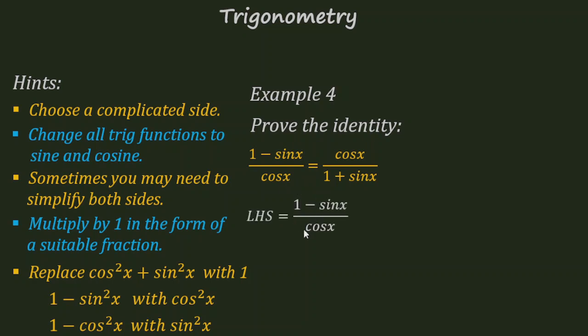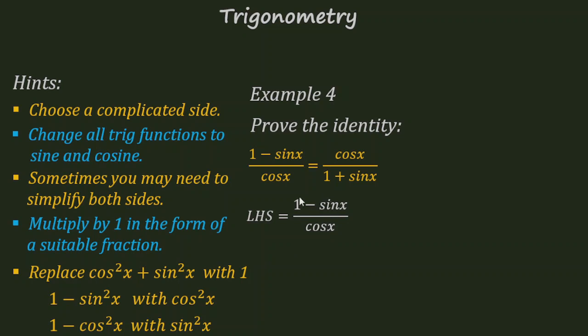But what would you do with this function in order to simplify it? Remember, we said you can multiply by 1 in the form of a suitable fraction in order to solve a problem. This is one of those problems where you need to multiply by 1.